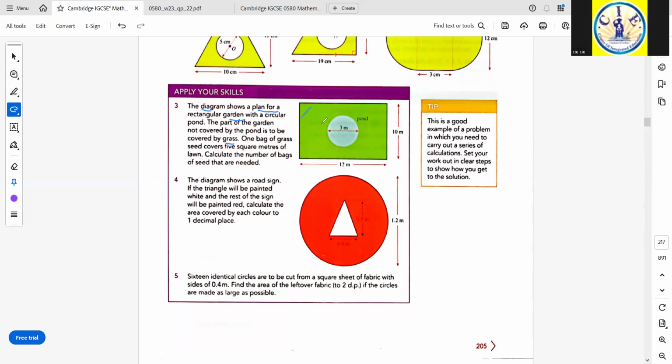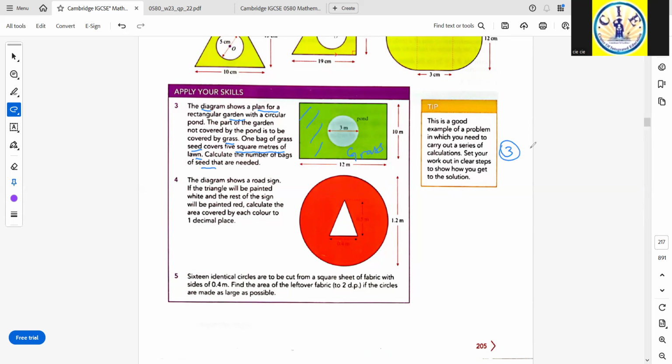So this is the part that we need to cover by grass. One bag of grass seed covers 5 square meters of lawn. Calculate the number of bags of seed that are needed.